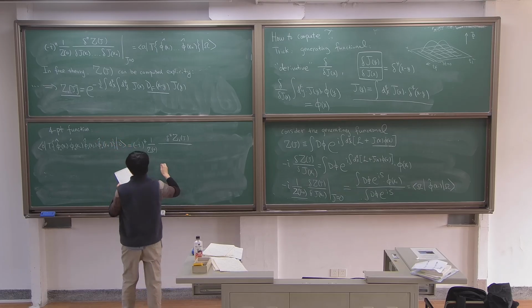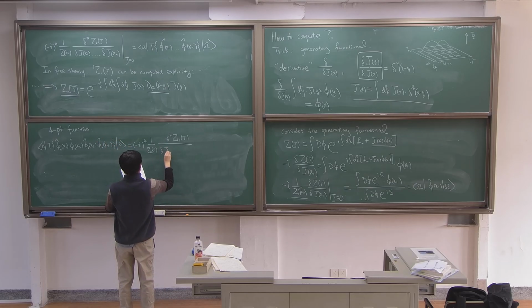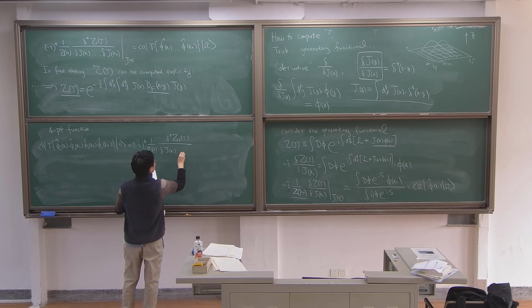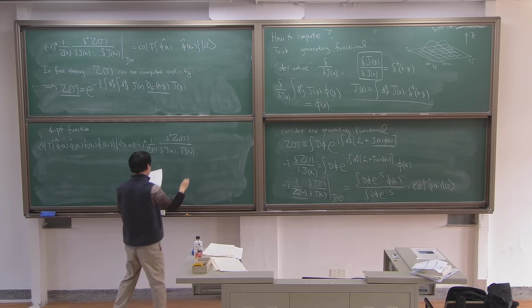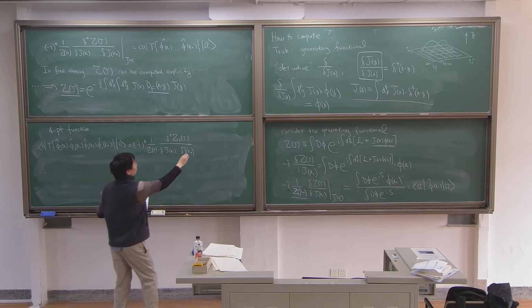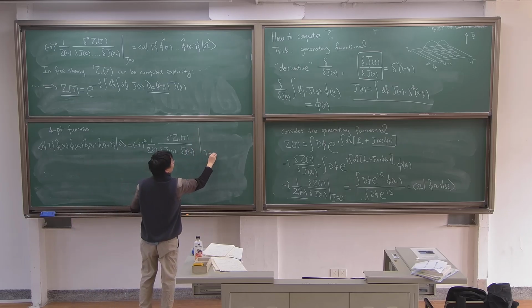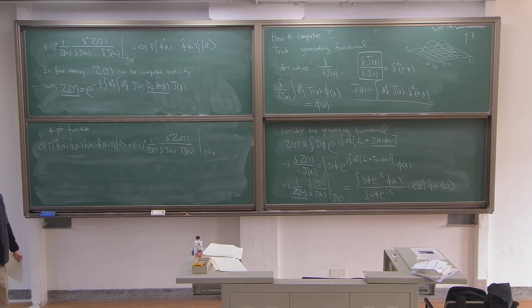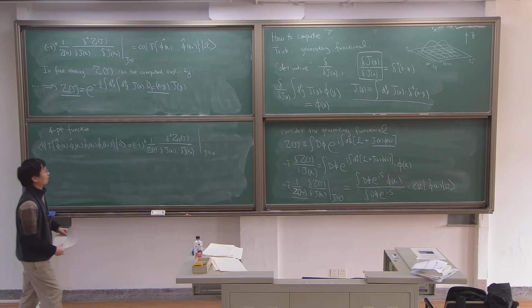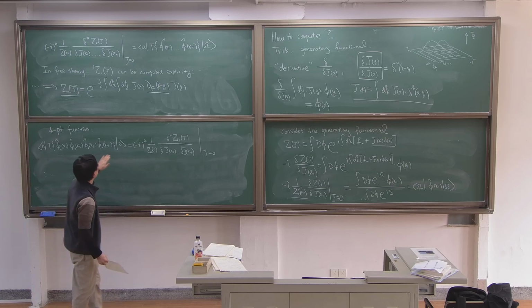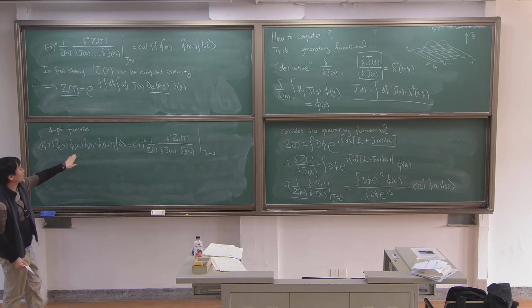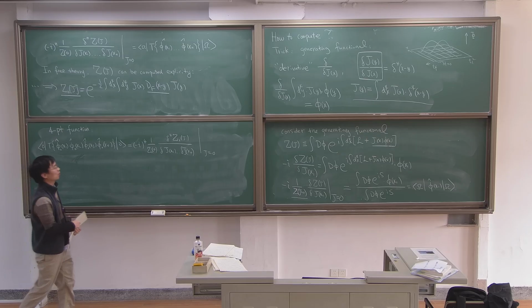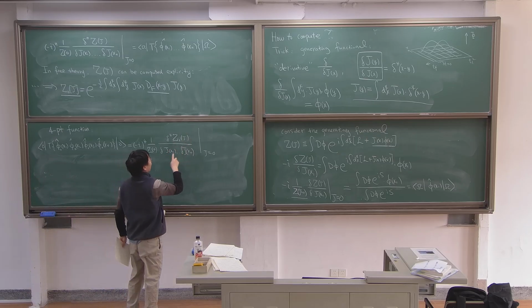Okay, we know what Z0[J] is. Eventually set J equals 0. So this is the path integral formula for the 4-point function. Now the point is, I know what this guy is. I know how to do this variation or derivative.